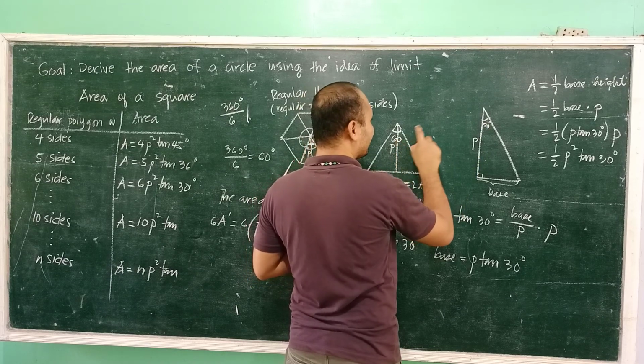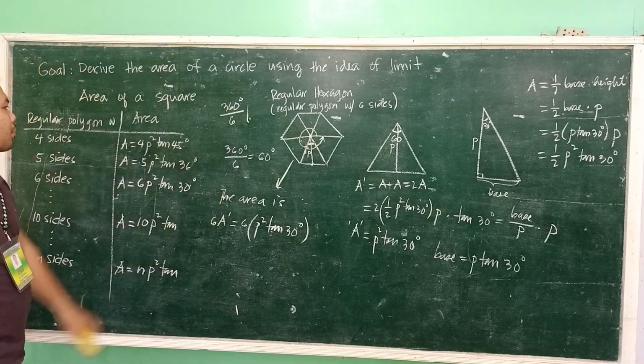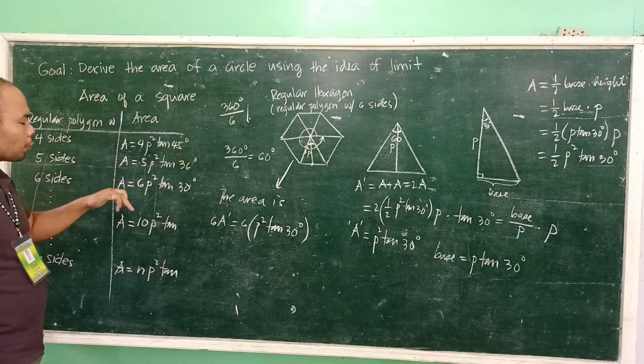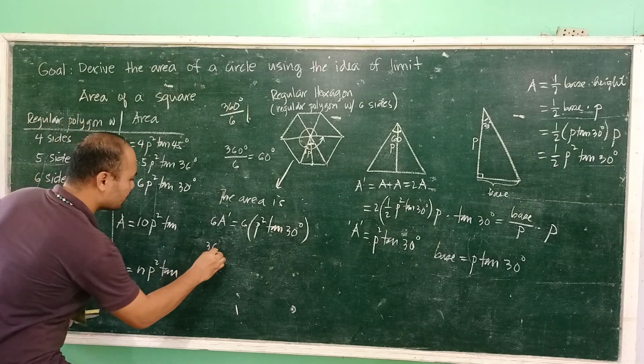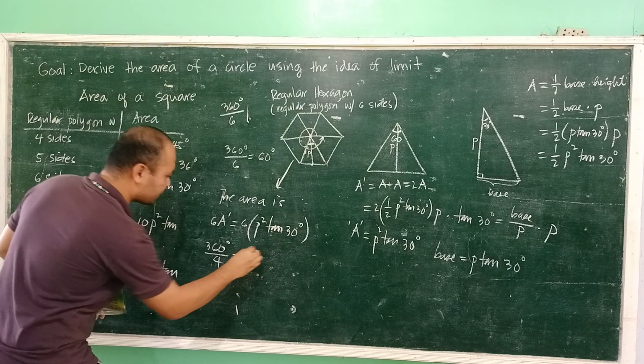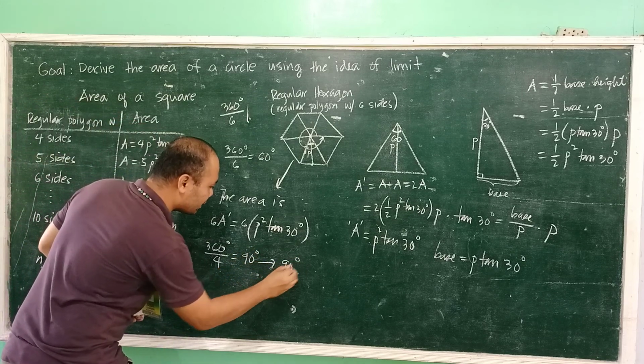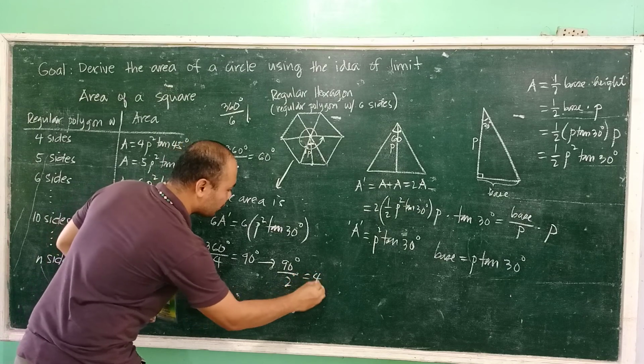So, it's like 60 divided by 2, you have 30. That's the same thing for 45. So, 360 divided by 4, that's equal to 90 degrees. And then, after that, 90 degrees divided by 2. So, you have 45 degrees.